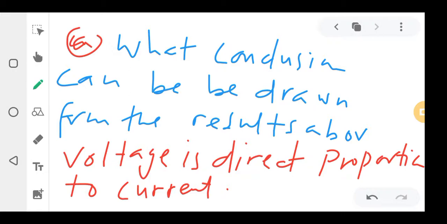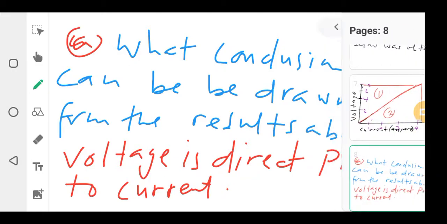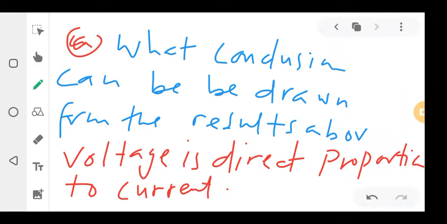In short, when voltage changes, current changes. It doesn't matter how you write it. They're just direct proportion to one another.